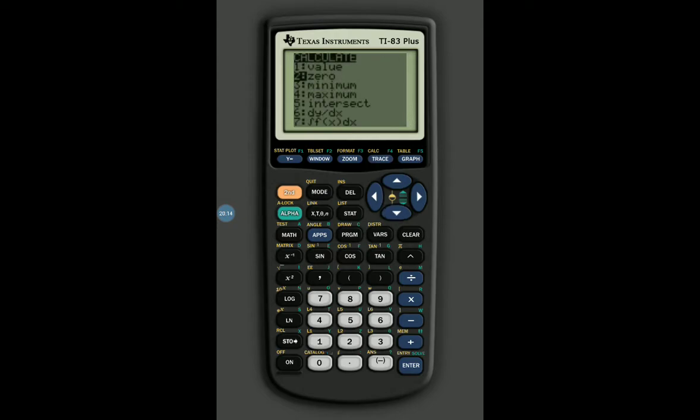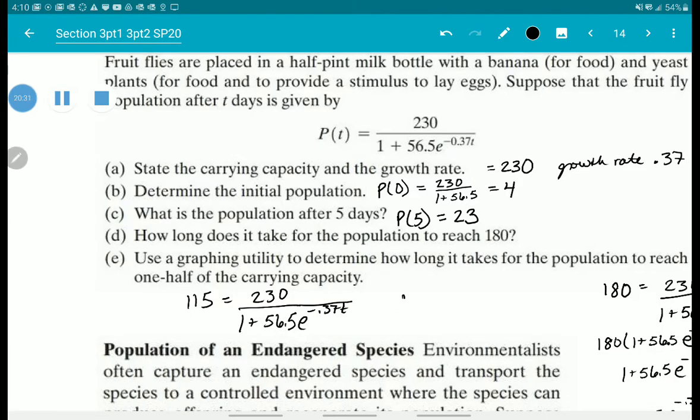That's our calculate menu. Go down to intersect. It's going to ask you for a first curve, second curve, guess. So it looks like about 10.9 days we will be at 115. So T is going to be equal to 10.9.